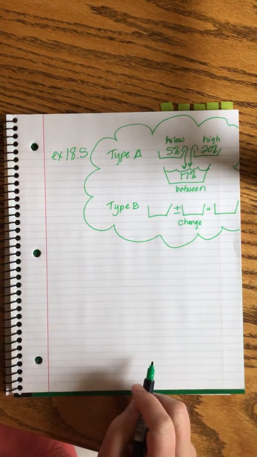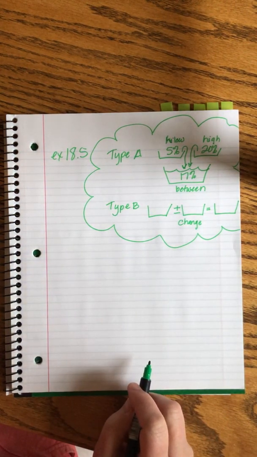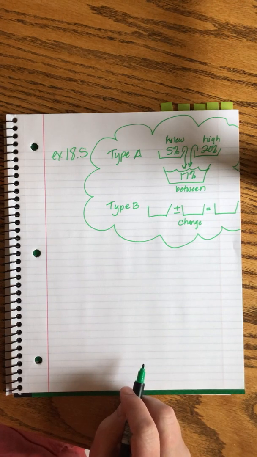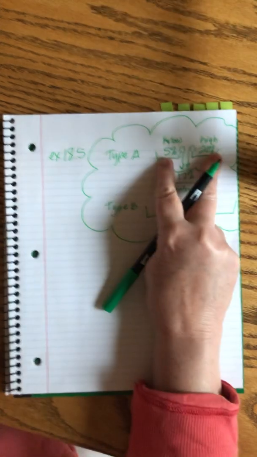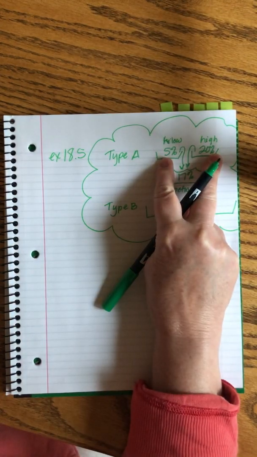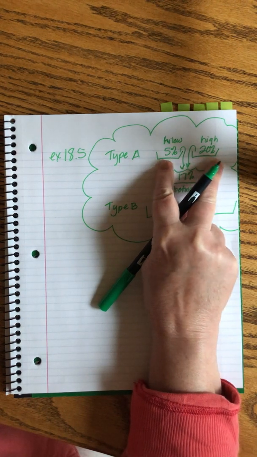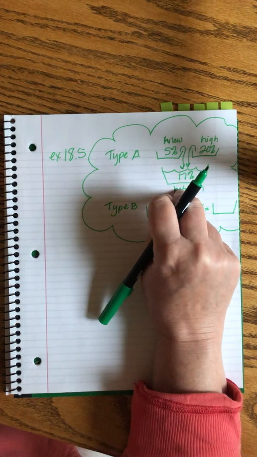let's go back. To get 1,000 gallons of a mixture that is 56% alcohol, it is necessary to mix a quantity of 20% alcohol with a quantity of 80%. It's type A, right? Because we have the different percentages, a high or low percent, and we want something in between.